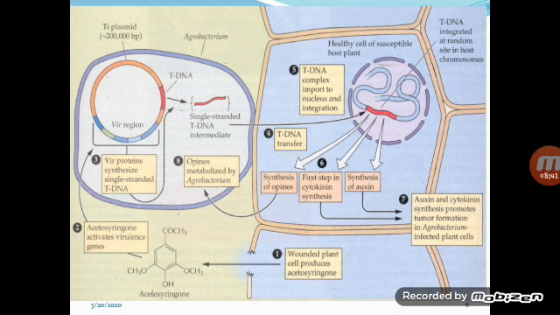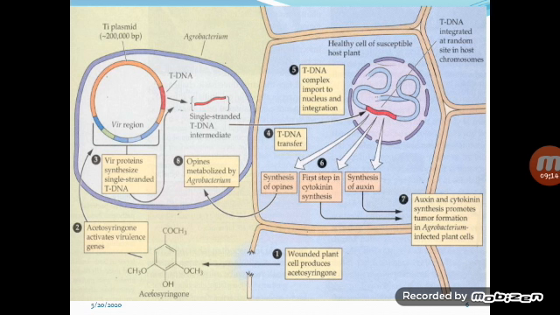This acetosyringone activates virulence genes which are present in the Ti plasmid at the region of the Vir genes. Vir proteins synthesize single-stranded tDNA, which is present in the tDNA region of the Ti plasmid.